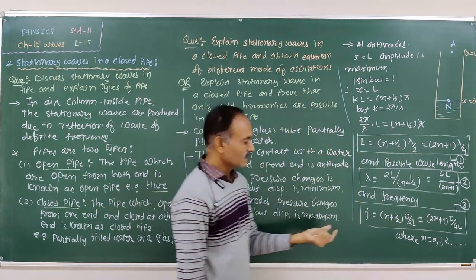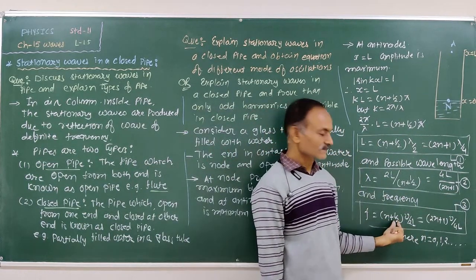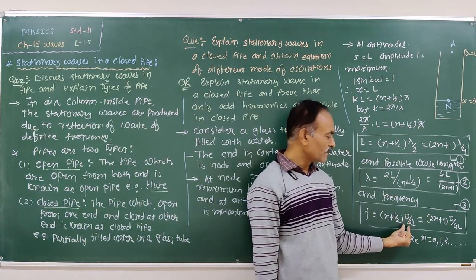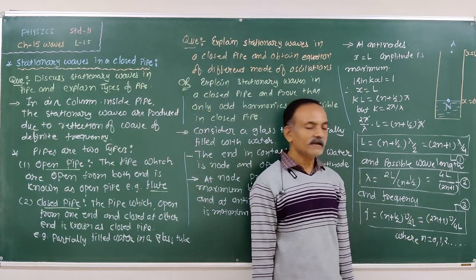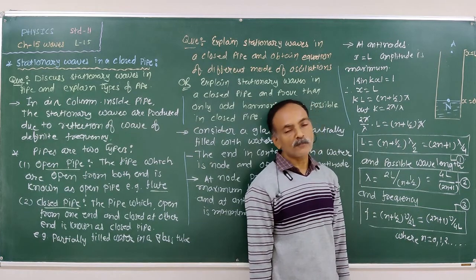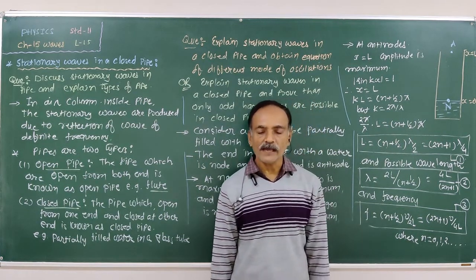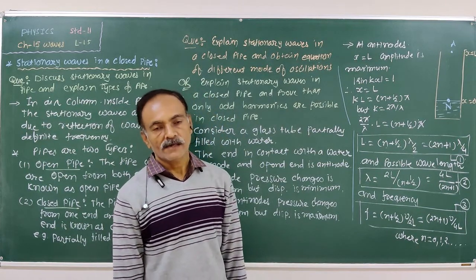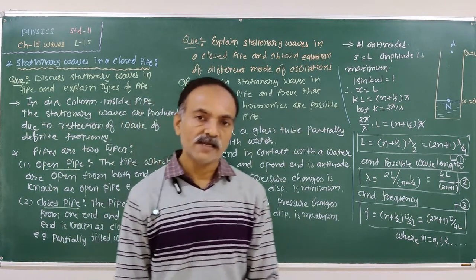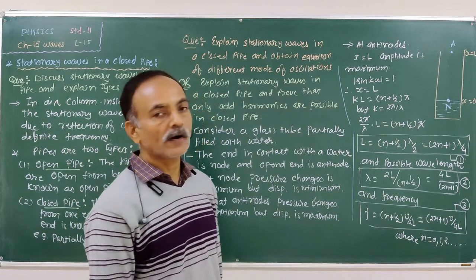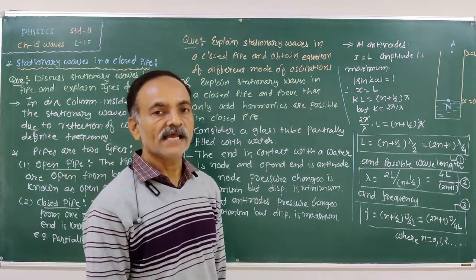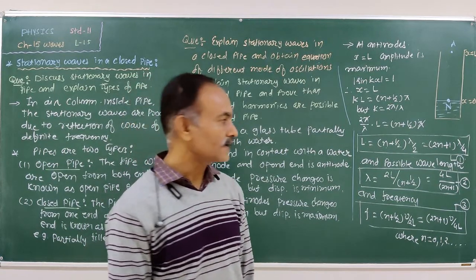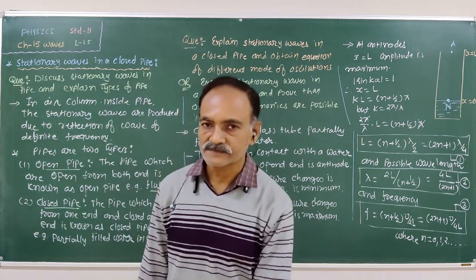And frequency f is equal to (n plus 1/2) into v upon 2L, which is equal to (2n plus 1) into v upon 4L. Here the value of n is either 0, 1, 2 and so on. By taking different values of n, we obtain the different modes of oscillation in a closed pipe. Clear?